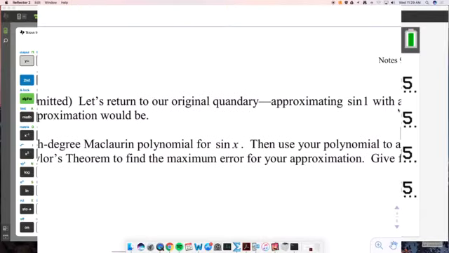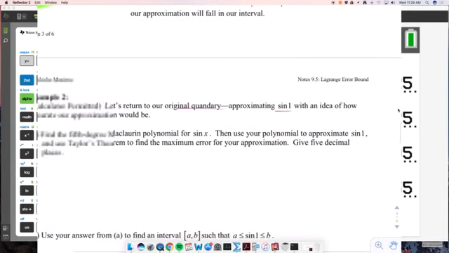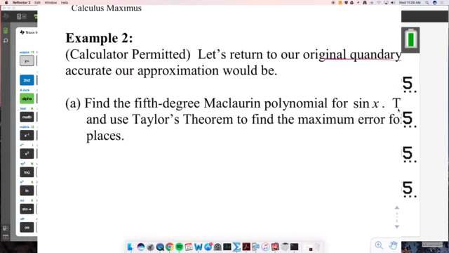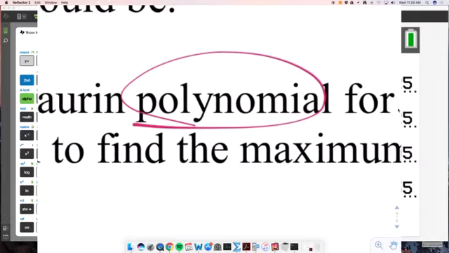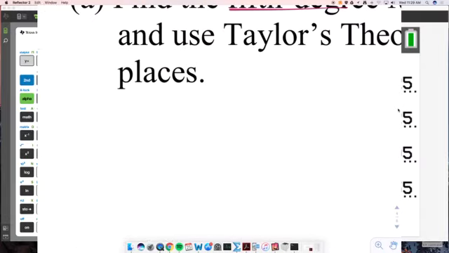Calculator permitted again. Let's return to our original quandary, approximating sine of 1, with an idea of how to approximate using Taylor's theorem. So now it says to find the 5th degree Maclaurin series or polynomial? Polynomial for sine of x, and then use it. All right, so let's go ahead and do that. So now we're going to say sine of x is approximately, right?